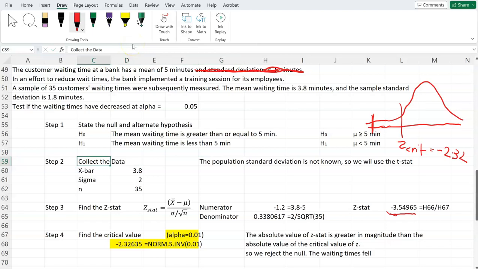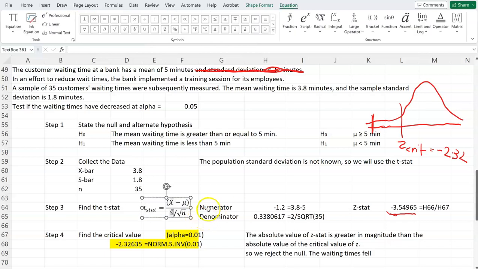then we are going to use the t-stat. And so for the t-stat, we don't have sigma, so we are going to use S bar, which in our case is 1.8. Once we have this number, we now need to change this to t-stat. The t-stat is x bar minus mu divided by S bar over the square root of n.